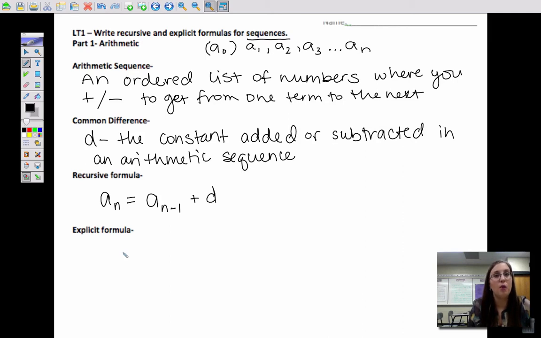And then the explicit formula is the way that we can actually find any term without having to know the previous ones. So let's say we want to find the 100th term in the sequence. We want an explicit formula because we don't want to have to list out 100 terms to find out where we're at.